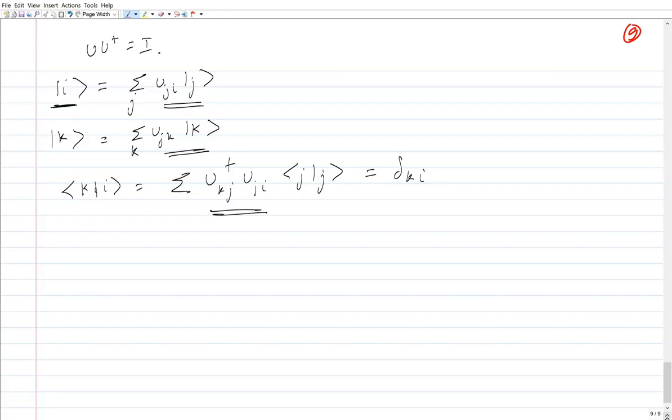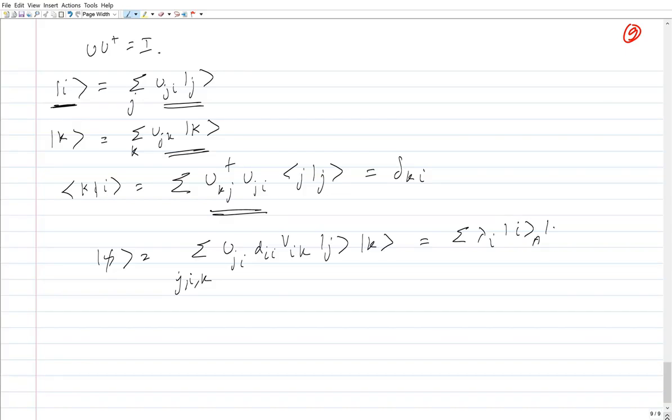So in other words, my Schmidt decomposition, which was expressing my state psi, given by the sum of U_ji D_i V_ik, remember, this was my Schmidt decomposition, and this is summed over all the indices, which gave me the Schmidt form.